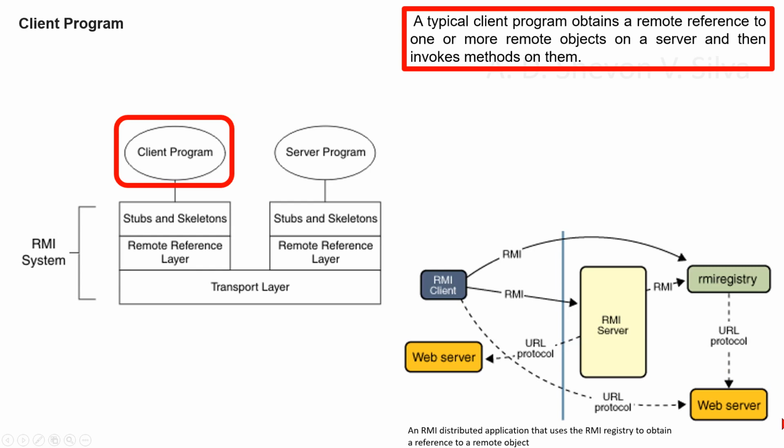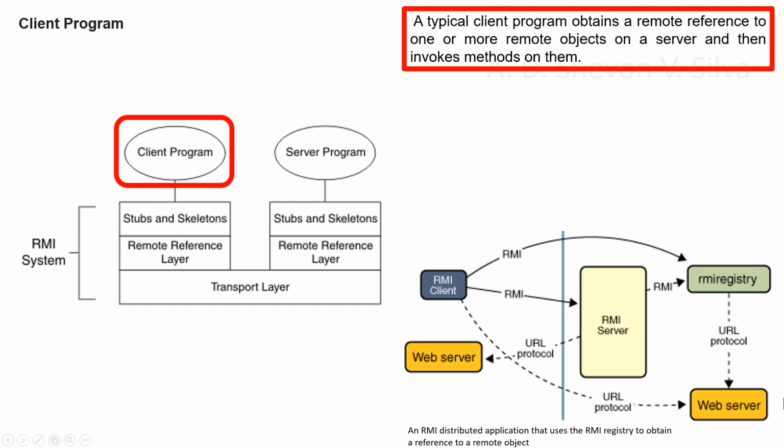Distributed object applications need to do the following. Locate remote objects. An application can use various mechanisms to obtain references to remote objects.